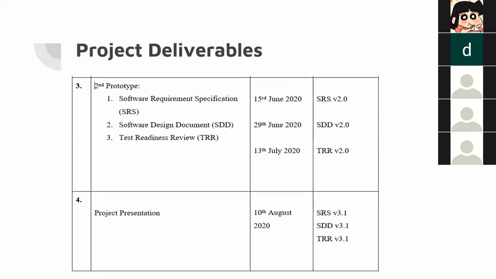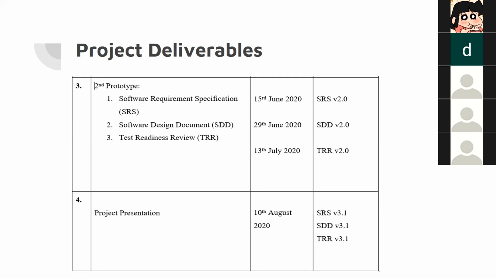And continuing is the second prototype. For the second prototype, we need to enhance the requirement specification, which is the software requirement specification, to be submitted on 15 June 2020, and it will be recorded as SRS version 2. Second, we also need to do the software design document, which needs to follow the design output provided to us to complete the project, to be submitted on 29 June 2020, called STD version 2.